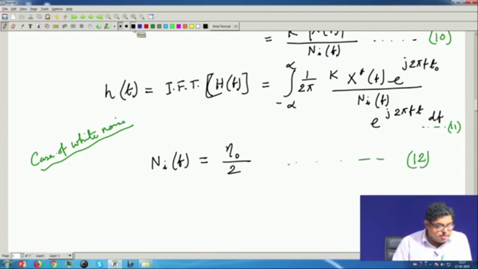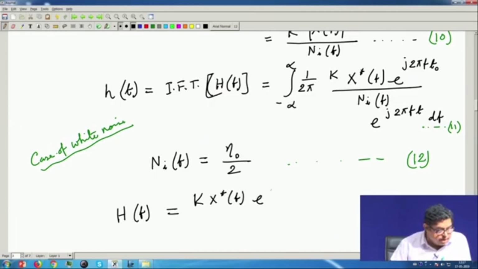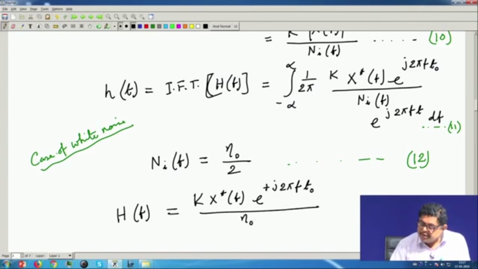And then for the white noise case, the matched filter is K X star(f) e to the power plus j 2 pi f t0 by eta naught by 2.